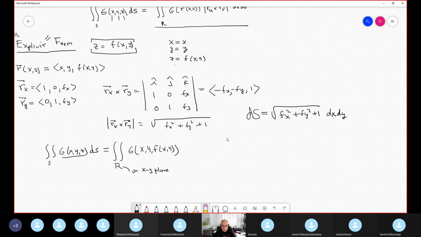So you replace dS with the square root of the partial derivative of the function that represents the surface with respect to x, squared, plus the partial derivative with respect to y, squared, plus 1, dx dy. And now it's easy. Well, not easy, because this is a horrible algebra expression. The integration may be super complicated. But this is at least the theoretical formula.